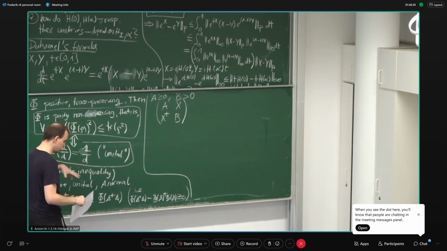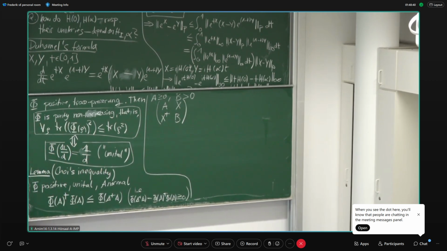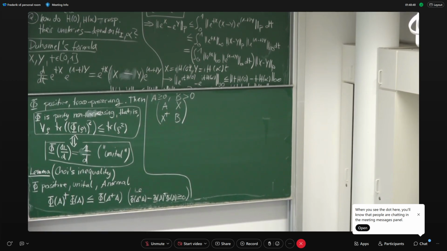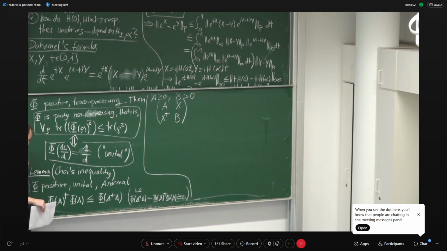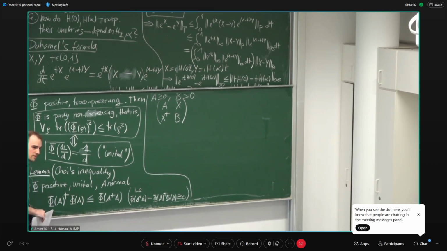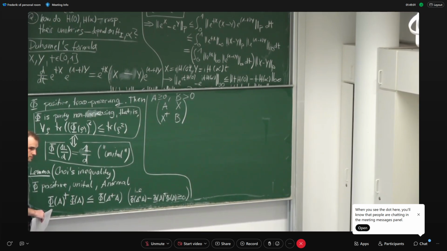Yes. Okay, so A can be not Hermitian? What does positive mean in your context for non-Hermitian matrices? Like, positive normally means that all the eigenvalues of Hermitian matrices are positive or non-negative.